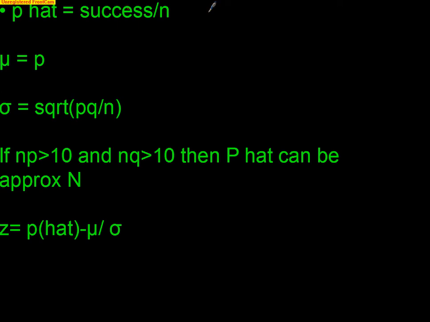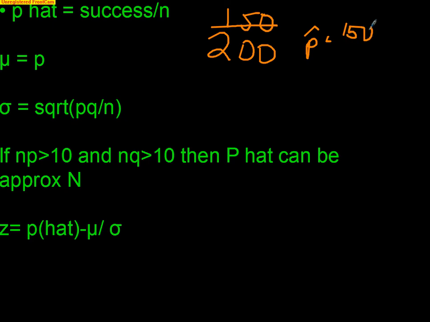So in other words, if we say how many people like sushi, and we've surveyed 200 people, we find out 150 of them like sushi, our P hat is equal to 150 over 200. And that's 0.75 in my book.